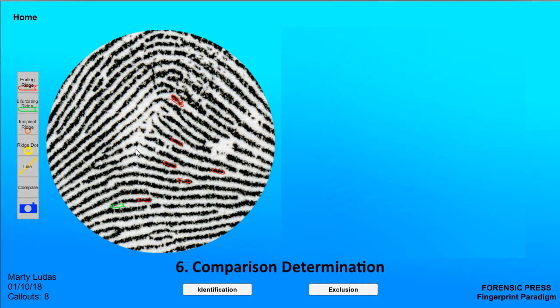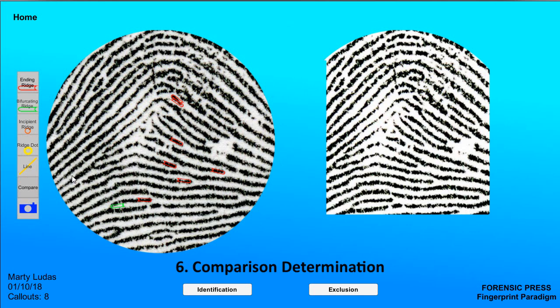I'm going to be looking for a tinted arch, and immediately I can recognize this short ridge up here. I can count down to this ending ridge here, this one here, here, and here, extending down to here and even getting the bifurcation.